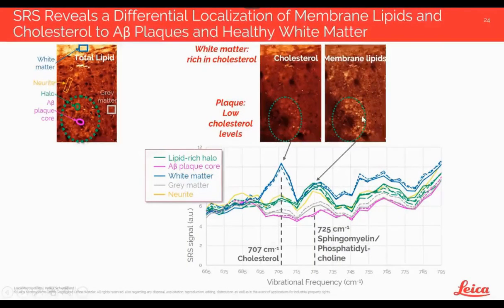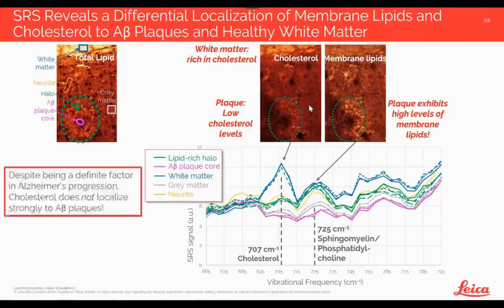Now, shifting to the second vibration of membrane lipids, we don't see very many of those in the healthy white matter at the top of the image, but we do see a significant concentration of those membrane lipids in the surrounding of the pathological structures. So we have a very clear indication of a differential localization of different types of lipids to healthy and pathological structures in the brain from these data.